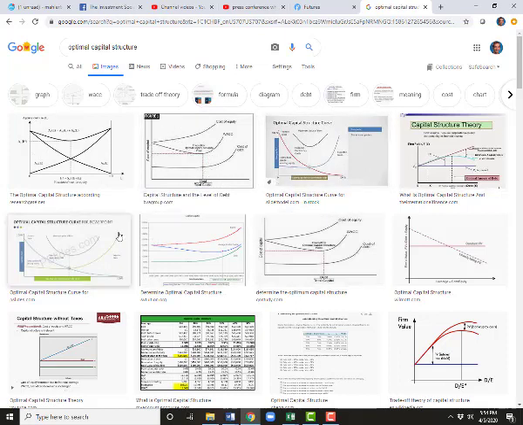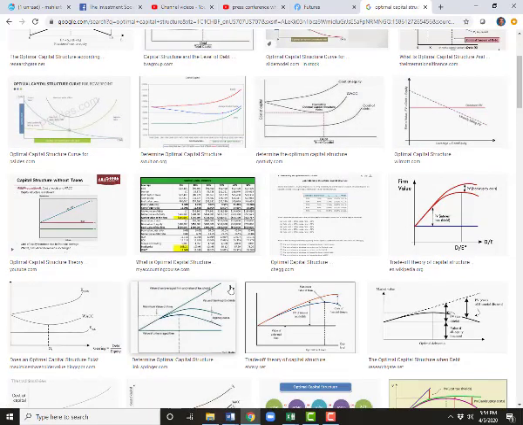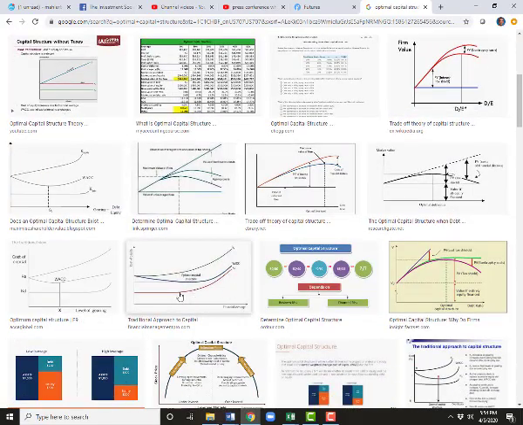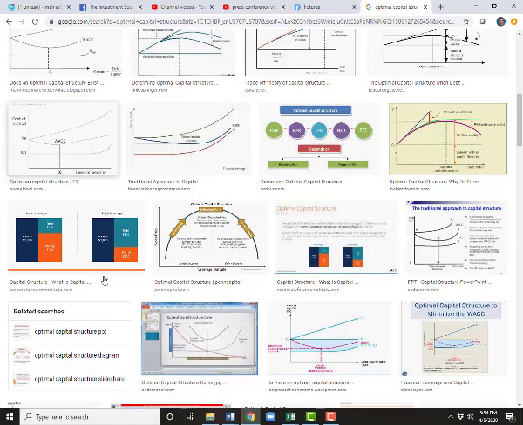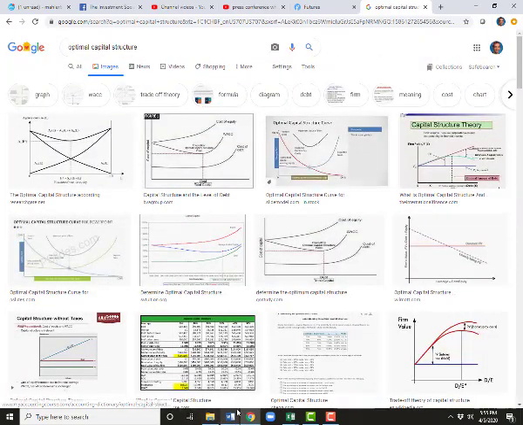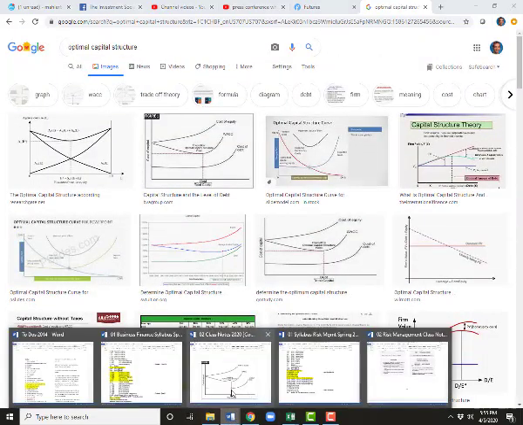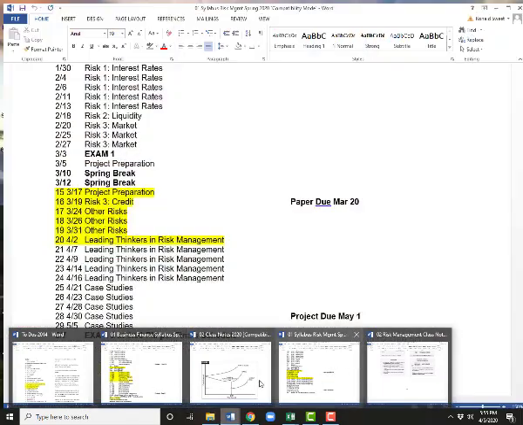As you look at them, you'll see most of them are somewhat close. Here's another one that's very similar to what we did. I think that one almost looks exactly like that one. There are some of them I think are really bizarre. I just don't know how to explain them, they're a little tough. This one obviously is cost of capital because you see the middle line. See how the middle line is declining? Here it's cost of capital. You can see the WACC declining and coming up. So most of them you can kind of tell what it is, but it's a very famous theory in finance. So that's the cost of capital question.